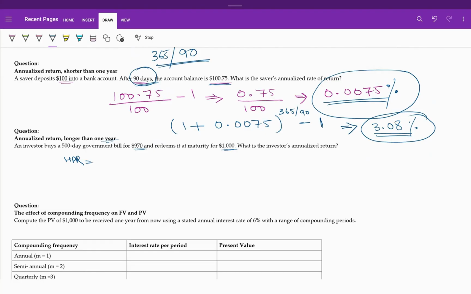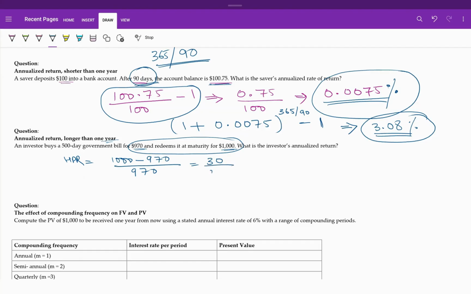We need to calculate how much return we have got here. $30 divided by 970 is going to give us roughly 0.0309, or 3.09 percent.